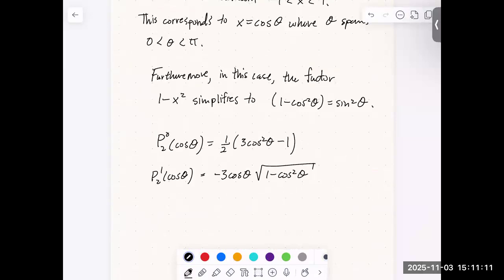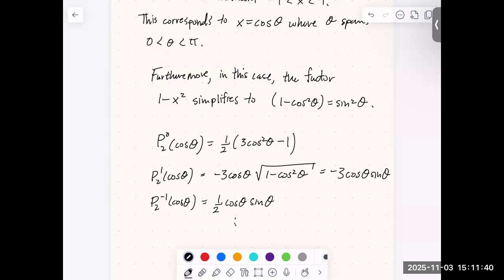But this is square root of sine squared theta, which is just sine theta. And so this is equal to minus 3 cos theta sine theta. And likewise, P2 minus 1, if you work it out, will be 1/2 cos theta sine theta. And you could keep on going like this.